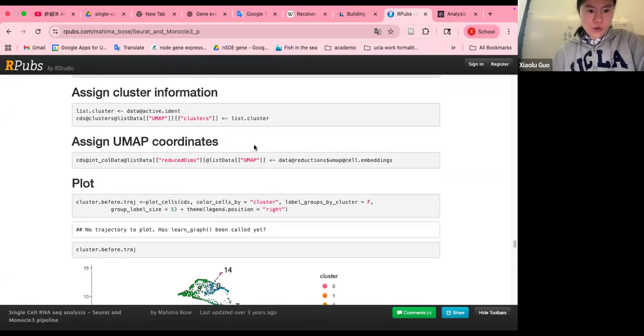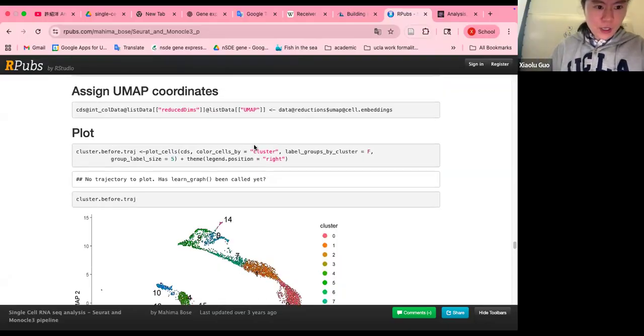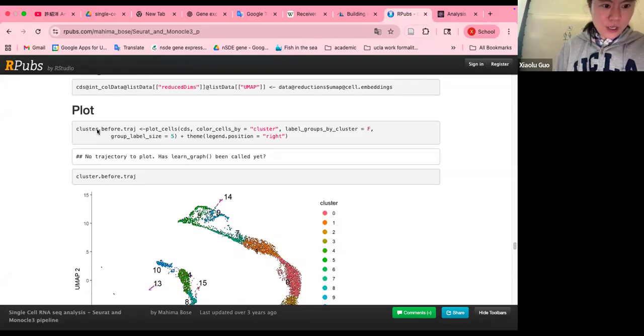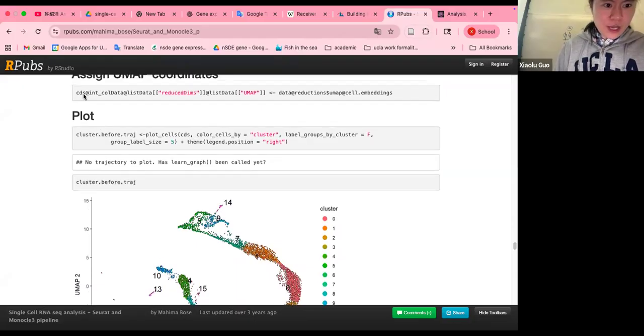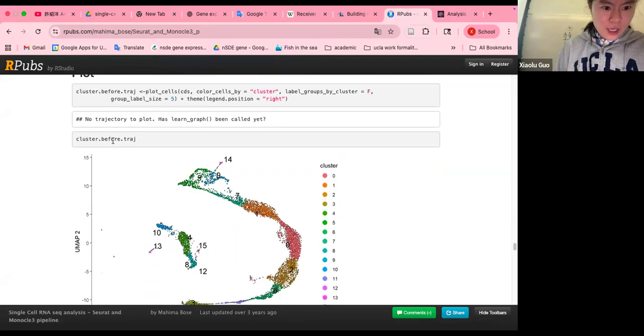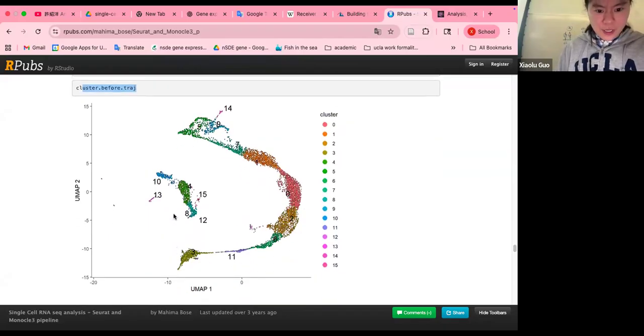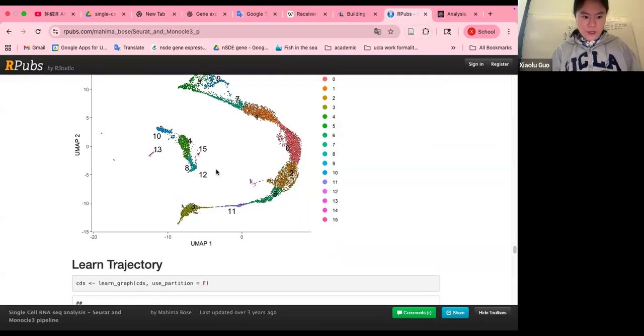To do the pseudo-time, the CDS here is the object, and here we're showing the clusters, using what we just learned, like the Louvain algorithm to cluster them and UMAP to visualize them. Here are the cluster numbers, and we visualize them.